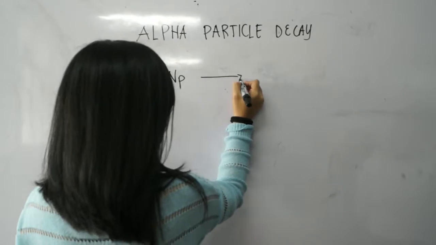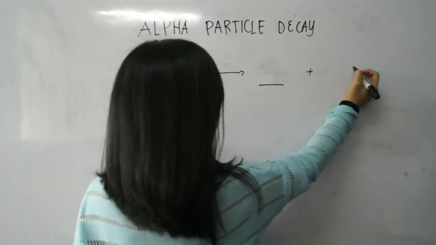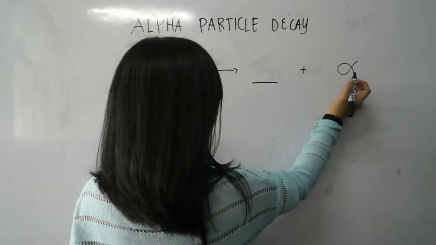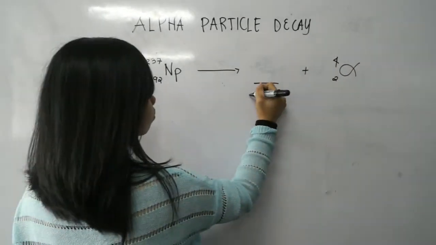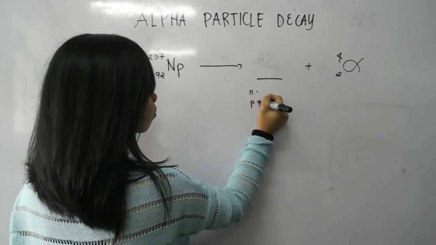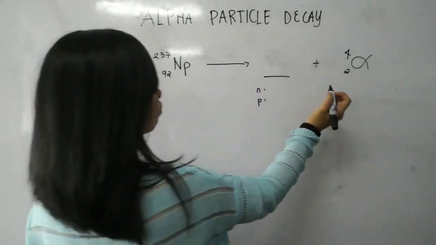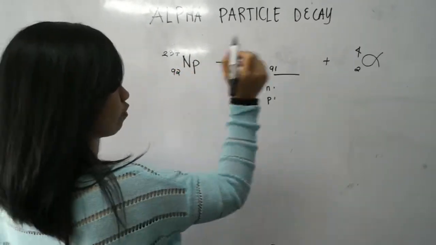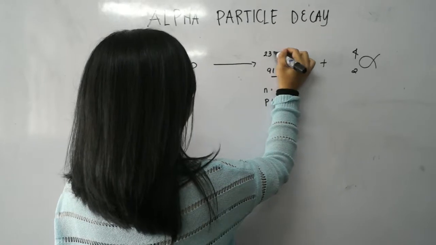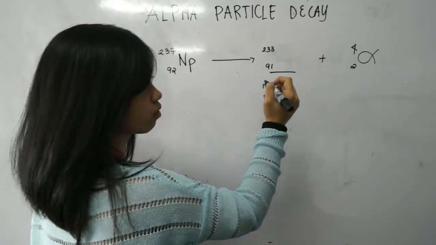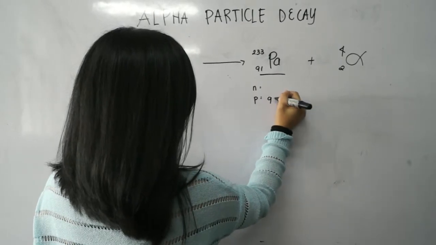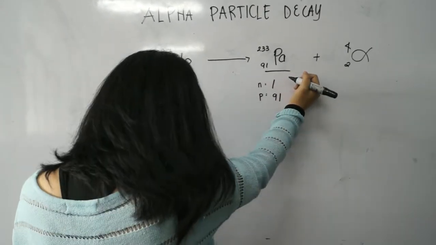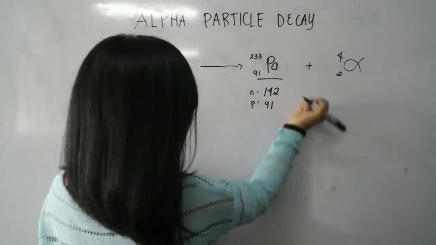An alpha particle has an atomic weight of 4 and an atomic number of 2. So, 93 minus 2 is equal to 91, and 237 minus 4 is equal to 233. From our periodic table, the element with an atomic weight of 233 and atomic number of 91 is Pa, or protactinium.